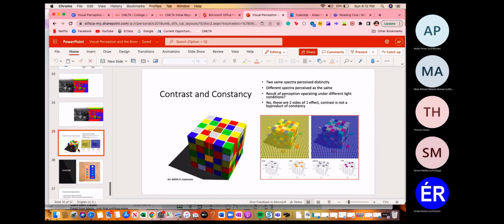So they're two sides of the same coin. It's been hypothesized that maybe this is a result of us having to perceive color in different lighting conditions. And so a red apple has to stay that kind of red in different conditions, and maybe this allows us to appropriately navigate the world.